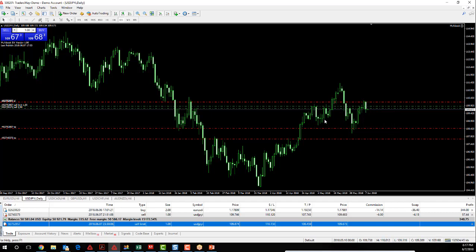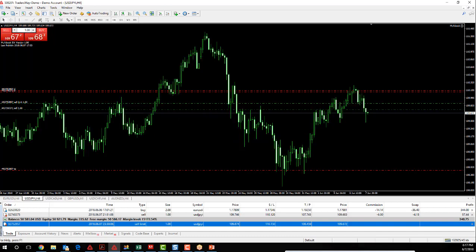And price did break this support leg on the daily chart. But on the four hour chart, when we did the last analysis, this leg that we were looking at, price did not break this low. So this is why I was a little bit wary in getting into a trade to go short at that point.